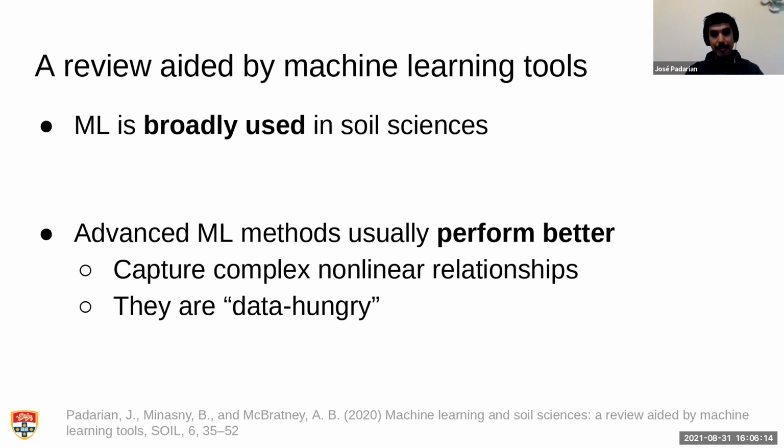In general, the authors find that these more advanced machine learning methods usually perform better than simple models, which is not surprising, of course. And they say that's because they capture complex non-linearities in the data, and also that they are very data hungry. That's not new, I guess, if you know a little bit of machine learning methods.